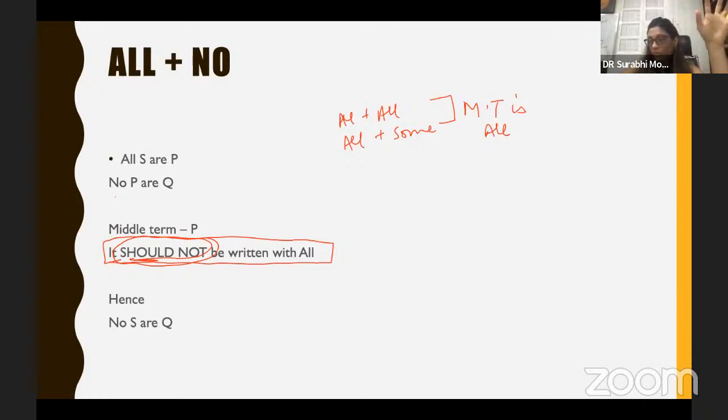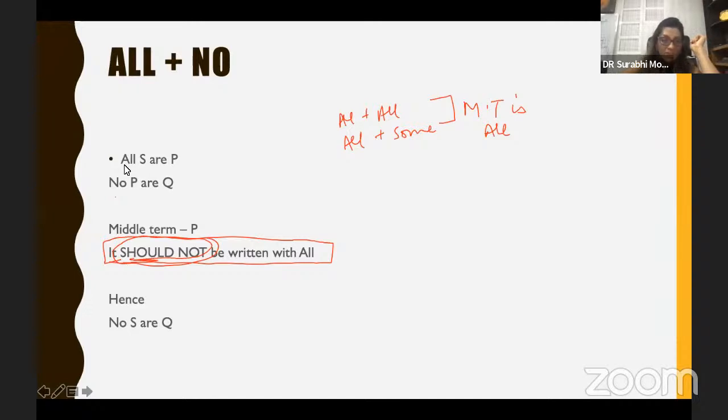Right now, we were tracking the middle term. So in all plus all and in all plus some, the middle term has to be written with all. But in all plus no, the middle term should not be written with all. Great. So let's go back to this. I'm ignoring the no statement in this.